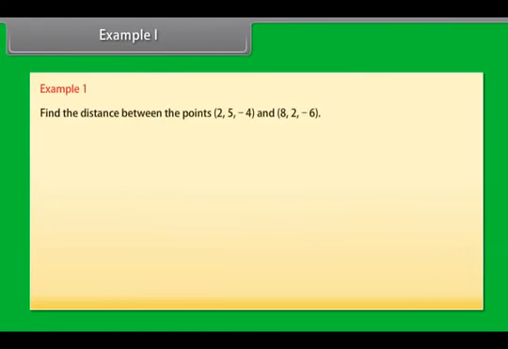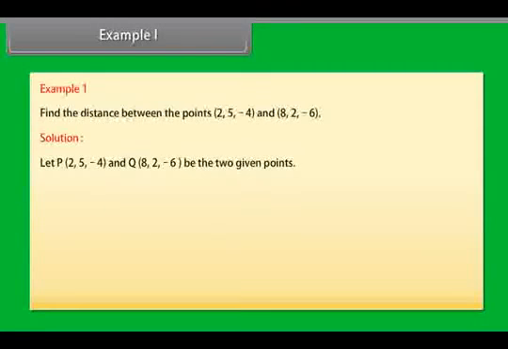Example 1. Find the distance between the points 2, 5, minus 4 and 8, 2, minus 6. Solution. Let P 2, 5, minus 4 and Q 8, 2, minus 6 be 2 given points.